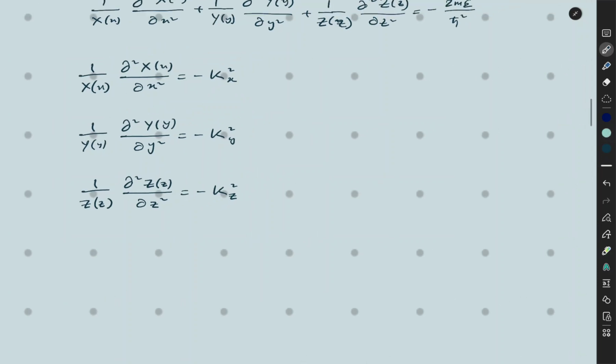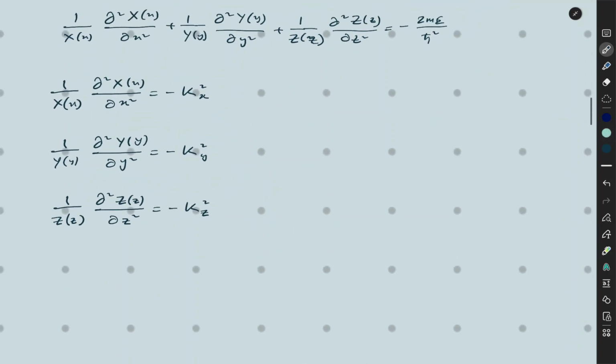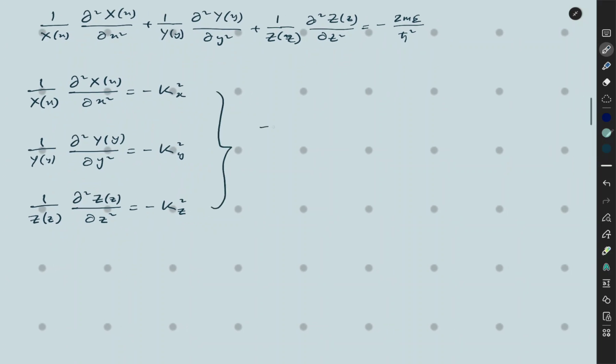And so comparing the above equation with this, we are getting minus kx square minus ky square minus kz square equal to minus 2mE by h cut square.